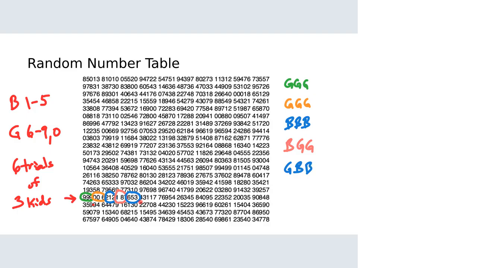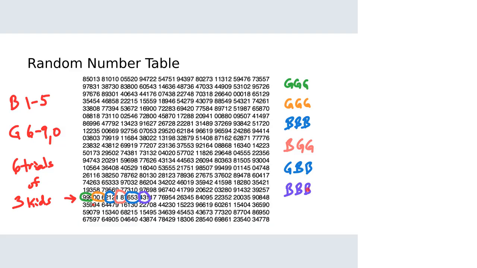And this last one is 4, 3, 1. So that's boy, boy, boy. All right, so I've got my 6 trials. What's different about this is I did groups of 3 because I was having 3 kids. Pretty sure there's a simulation where you're flipping heads and tails and doing 4 flips, and so you want to look at yours in groups of 4. Same thing as we did here.